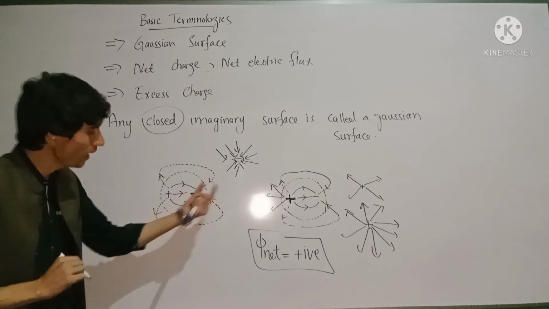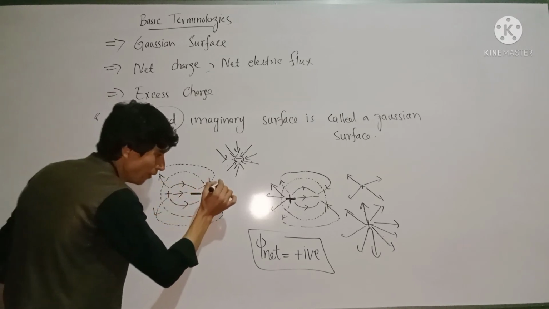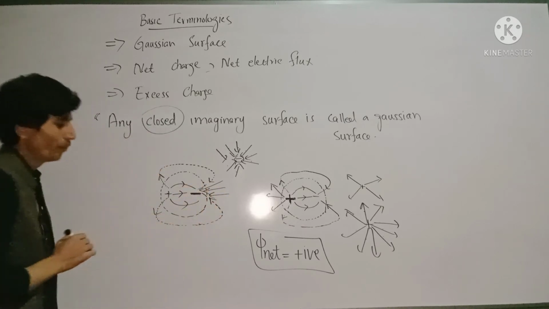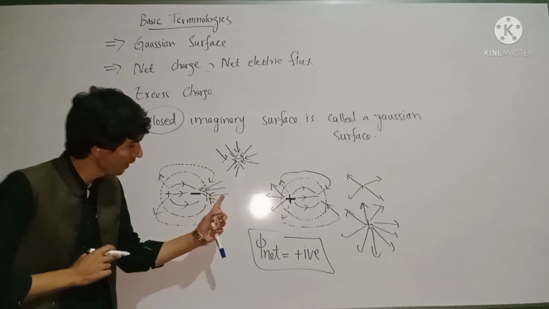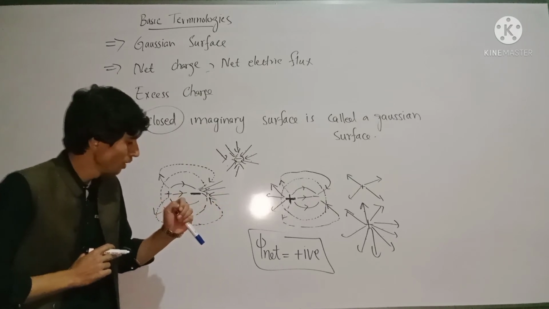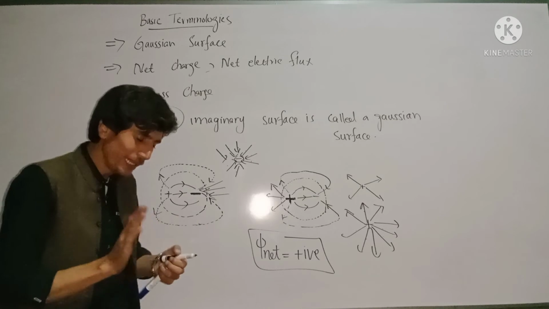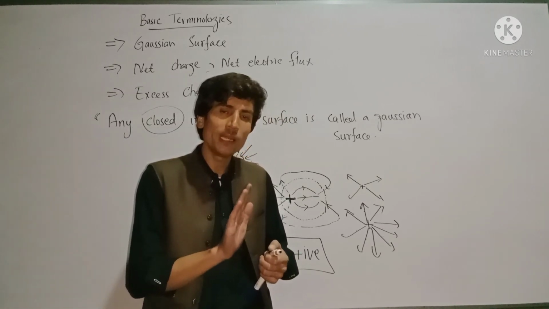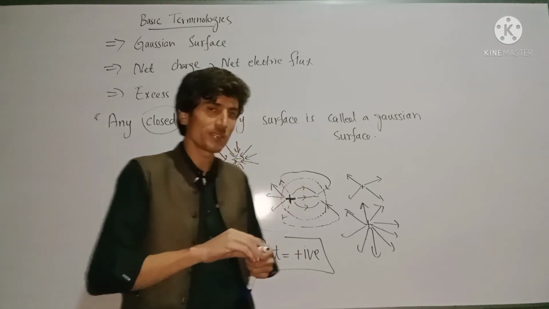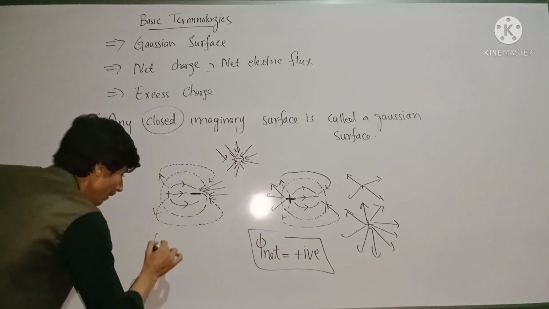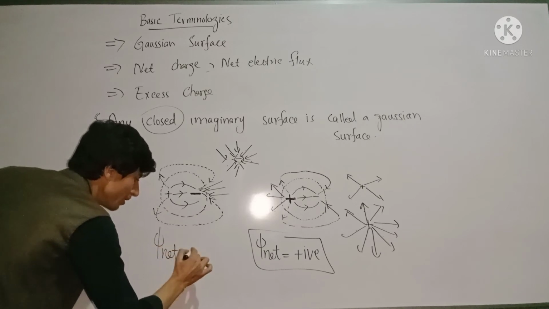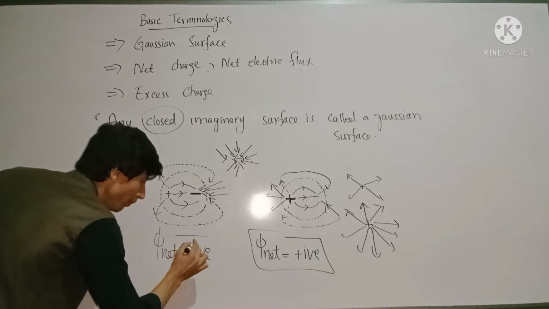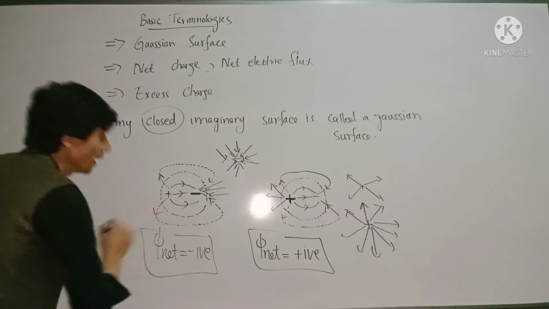But here we have some electric field lines which enter the closed surface but will never leave it. So here the number of electric field lines entering the surface is greater than the number leaving the surface. So in this case the net flux can be considered negative.